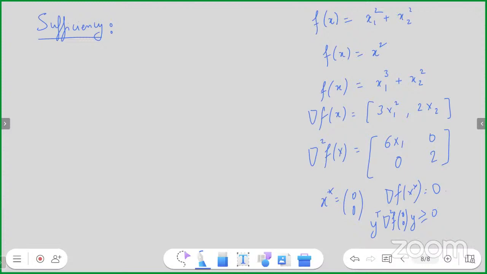No. What kind of function is x1 cube? It's decreasing after 0. I'm saying that in a very close neighborhood of 0, the negative part of x1 cube does not grow as x square.